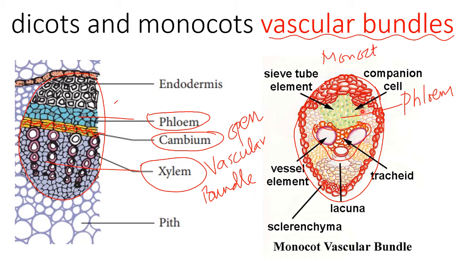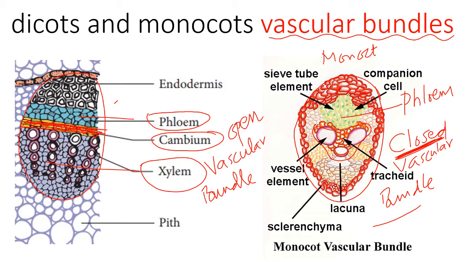So due to absence of cambium, this type of vascular bundle is called a closed vascular bundle. Now, as there is absence of cambium, there is no possibility of further growth. So in monocotyledonous plants, secondary growth is absent, and due to presence of cambium in dicot, secondary growth is present.